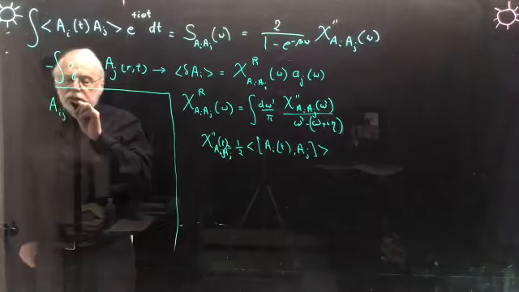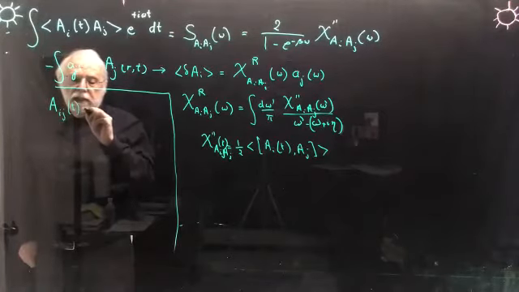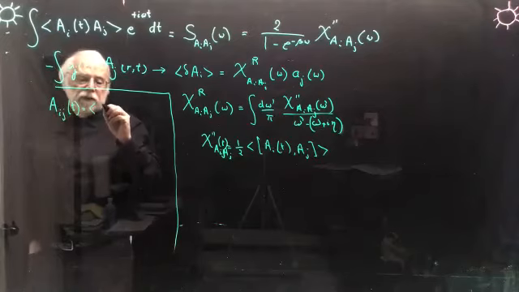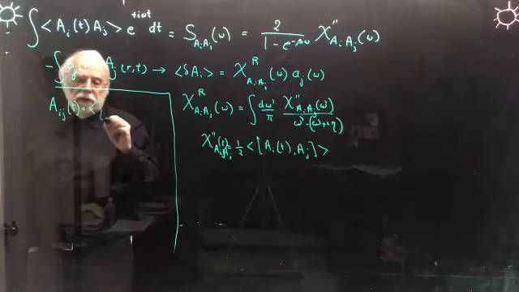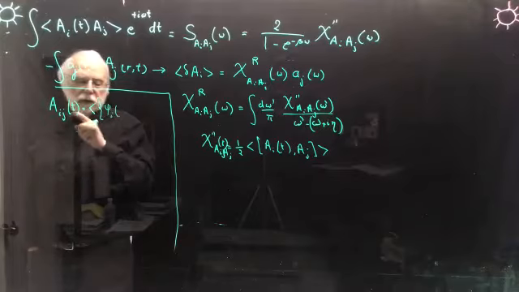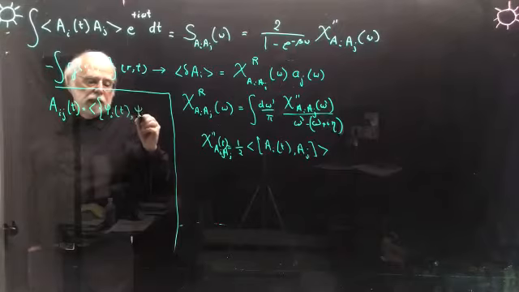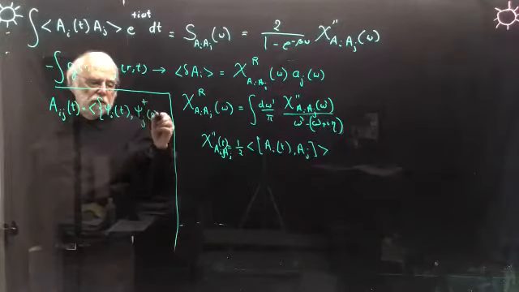A_ij of t is equal to the expectation value of the anti-commutator of psi_i of t, where i can be wave vector, position, anything, I don't care, and psi_j dagger of 0.